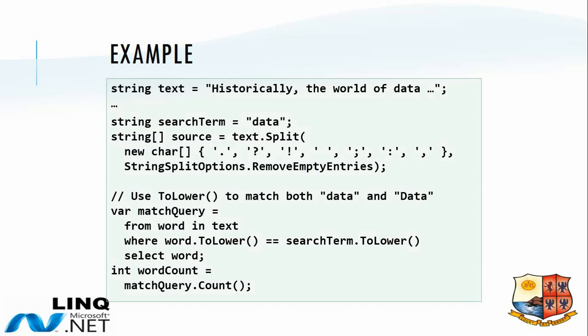Now let's go to the query. Look at the query. Match query: var matchQuery is equal to from range variable, which you can name whatever you want, in text. What is the text here? The big word. Let's say it's a paragraph of text. In text, where word dot lower is equal to search term, which is nothing but data, to lower.